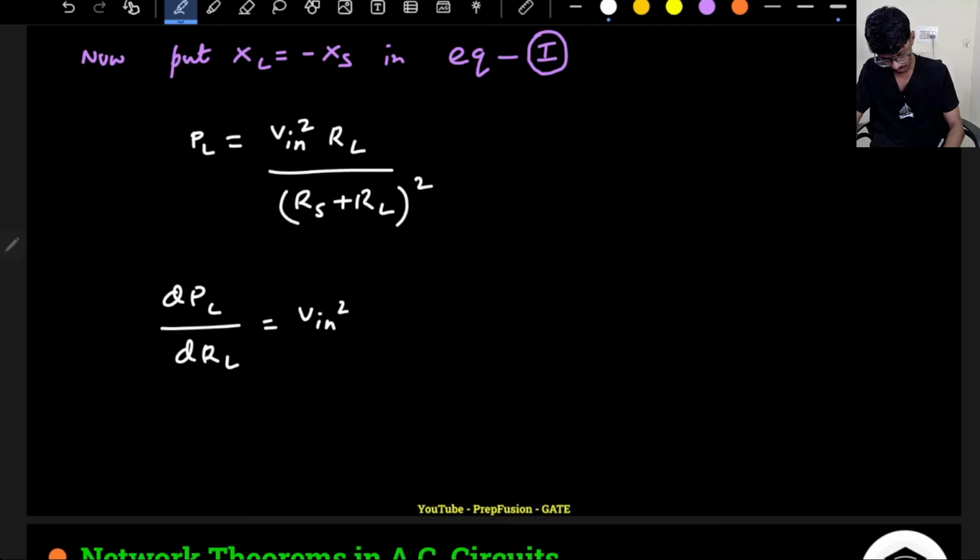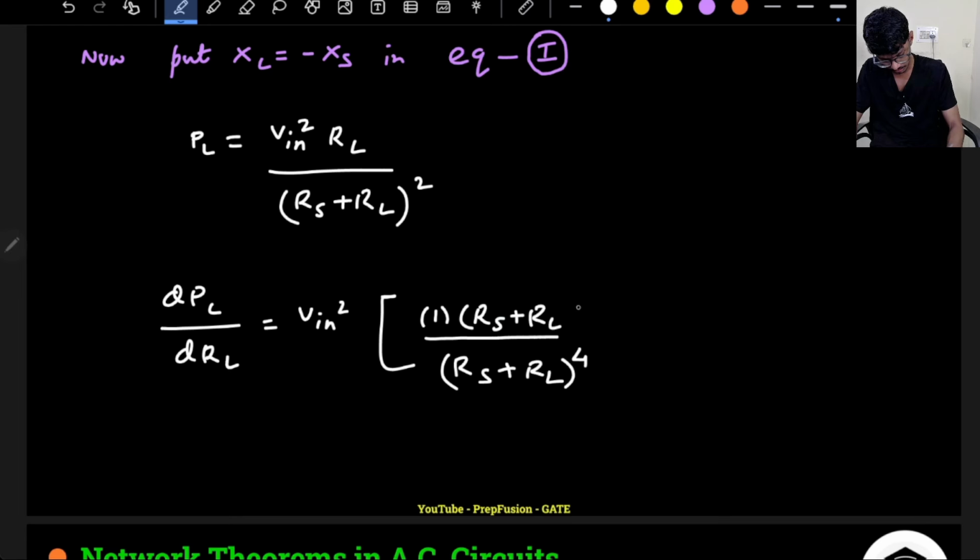This will be (RS plus RL) whole raised to power 4 into 1 into (RS plus RL) whole square minus 2 (RS plus RL) into RL only.